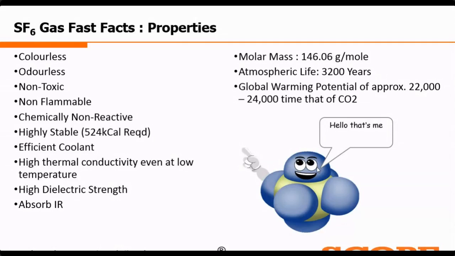Once it is released into the atmosphere, it will be there for up to 3200 years. Generation after generation, we will face the effect of SF6 once it is released into the environment. So these are the properties of SF6.